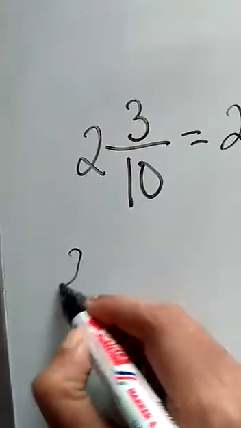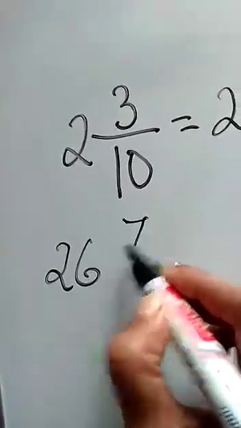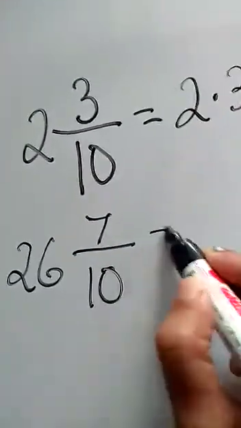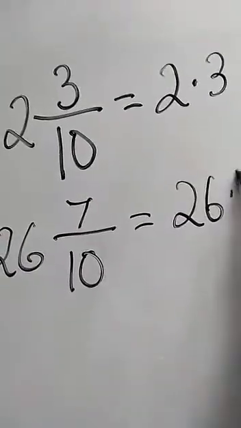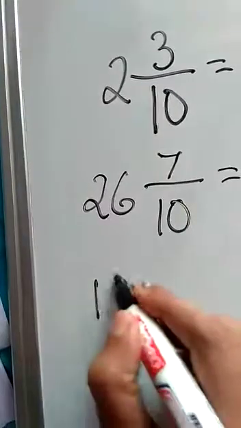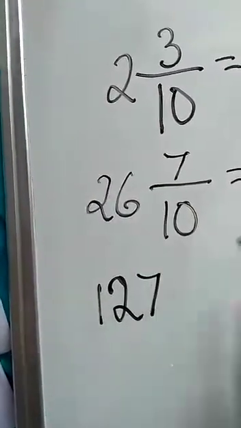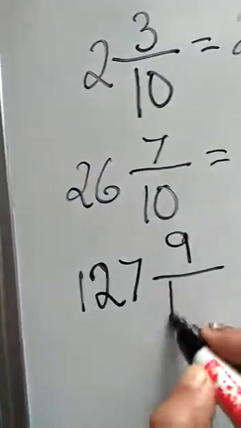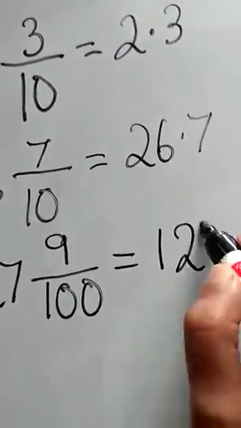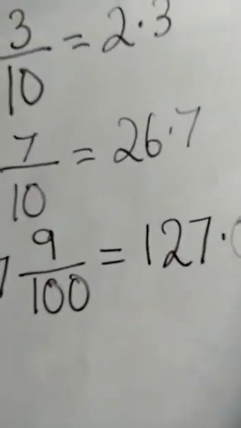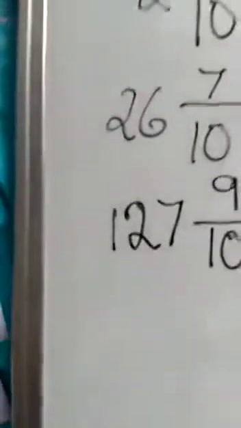Okay. 26, 7 by 10. So this will be 26 and one decimal place, that is 26.7. 127, 9 by 100. So this you will write as 127 with 2 decimal places. So 0.09.